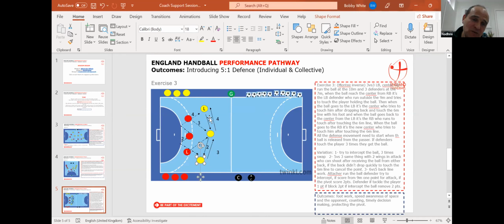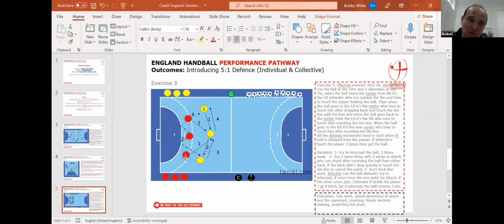Pass to the center. That's the first pass. When the ball reaches the center, the left back defender, the red one, runs and tries to touch him, like tag rugby. If he touches him three times, then they lose the ball and they change.